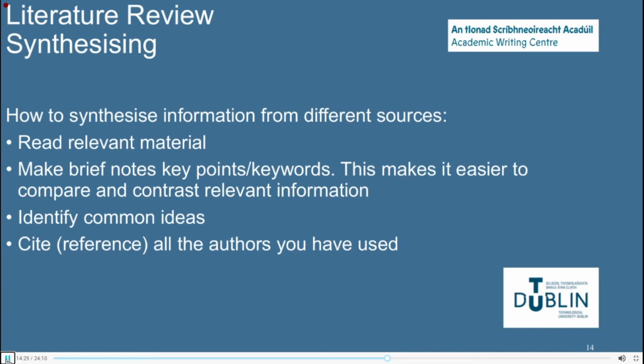The synthesis allows you to combine information and ideas from multiple sources to develop and strengthen your argument. It allows you to demonstrate that you have read widely on the topic, also to use and cite multiple sources, and to acknowledge authors by referencing. So all of this brings together the idea about synthesis and using synthesis in your writing.